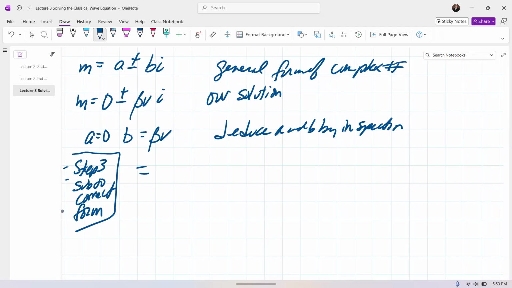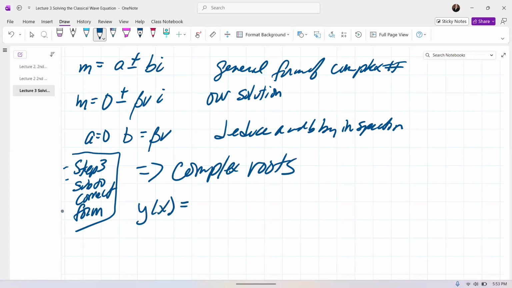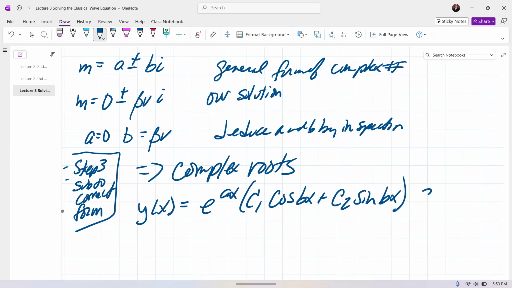This is complex roots. y of x equals e to the ax times c1 cosine bx plus c2 sine bx. This is the general form.